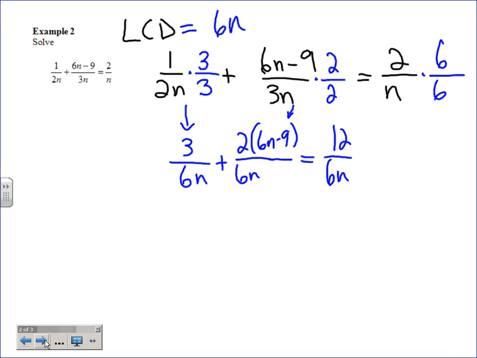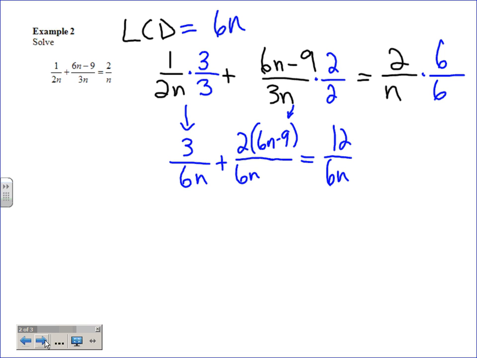Is there any discussion about how we got to where we are at right now? Now, this very first time I'm going to show you this maneuver, and then I'm going to pretty much let you go on that and kind of just let you cancel things off. Now that we have a common denominator, I could add the left side together, right? If I wanted to, I could subtract, I could do lots of things.